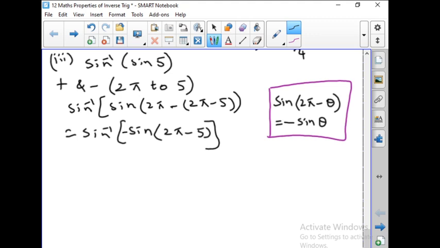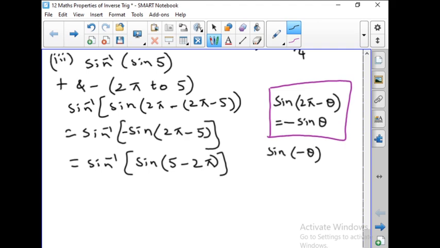So this also can be written as sine inverse of sine of 5 minus 2 pi, because sine of minus theta is equal to minus sine theta. Therefore, we can also write it like this.